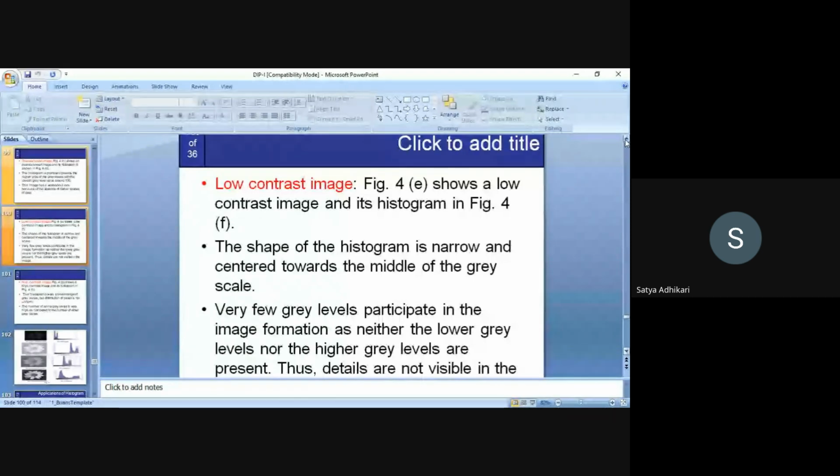So all the gray values are available in the middle. There is no black color, no darkest color, and no lighter color.